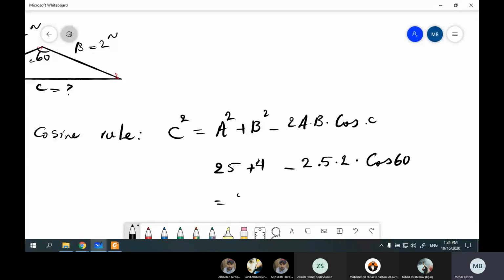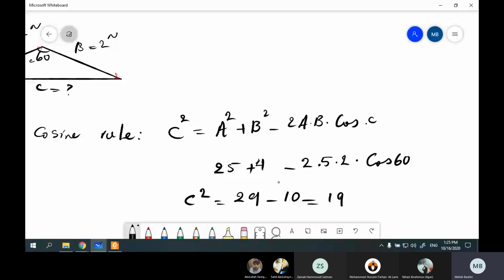It's equal to 29 minus 2 dot 5, 10, 10 dot 2, 20, 20 dot cosine of 60 is 0.5. So it's 10. That would be 19.